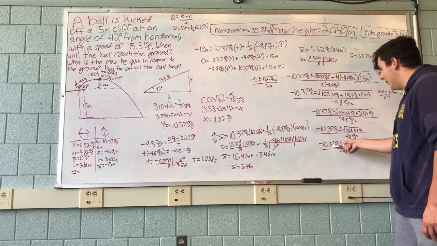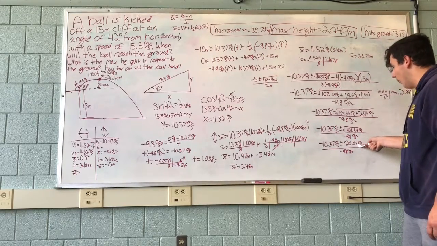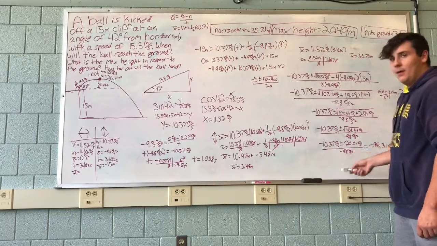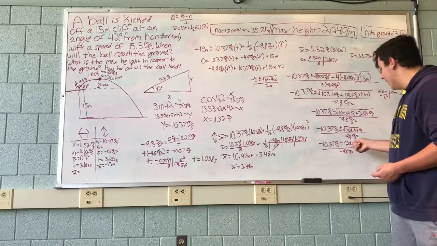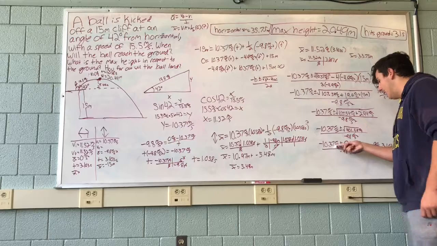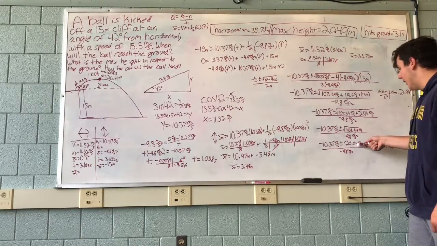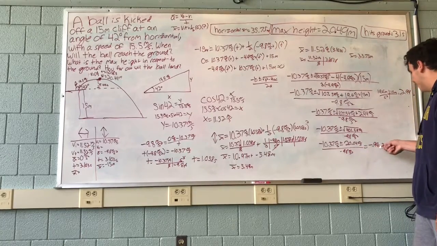It's negative 10.37 meters per second plus or minus 20.04 meters per second over negative 9.8 meters per second squared. Because it's plus or minus, you want to solve for both of them, subtracting and adding the 20.04 meters per second.